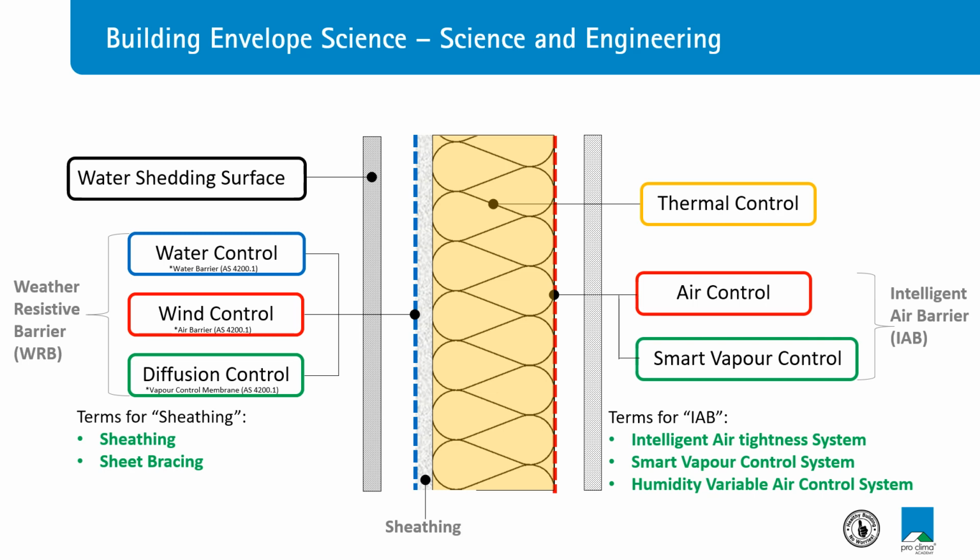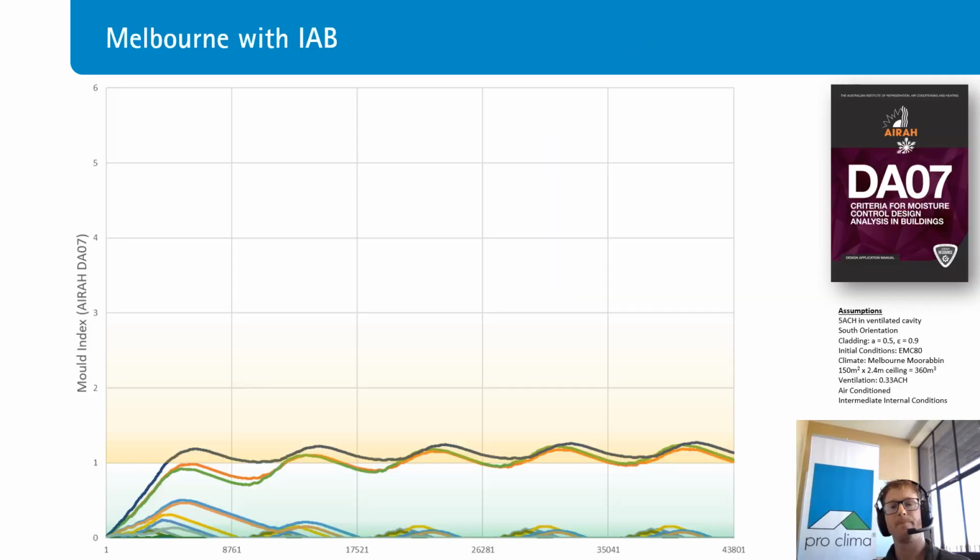And this is what we're calling an intelligent air barrier. You may have heard other terms used such as intelligent air tightness system, smart vapor control system, humidity variable air control system. They're all the same thing, and what they're saying is that membrane is an air barrier that will respond to humidity and become more permeable under high humidity conditions.